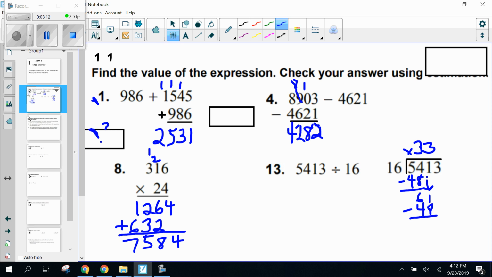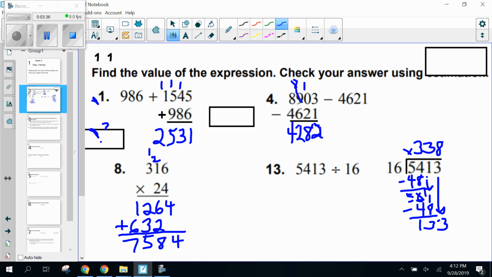We have to subtract 61 minus 48. So we have 13 left over. We're going to bring down the next 3. So we have 133 divided by 16, which goes in... You have to take a while to figure that one out. It took me a couple tries, but it ends up being 8.